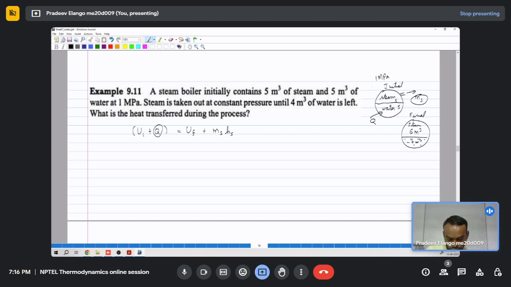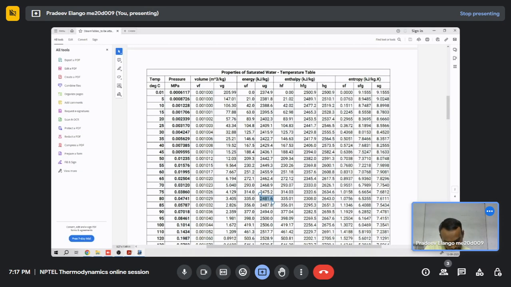So initially for U initial we can calculate based on 5 meter cube of steam and 5 meter cube of water. We can calculate M1 by taking VF and VG. It is going to be the same initial and final because the state of 1 megapascal is not changed.